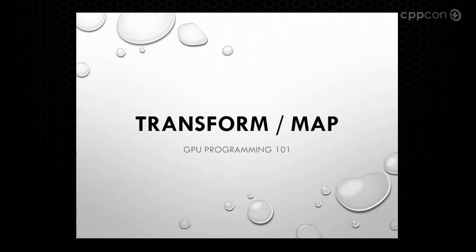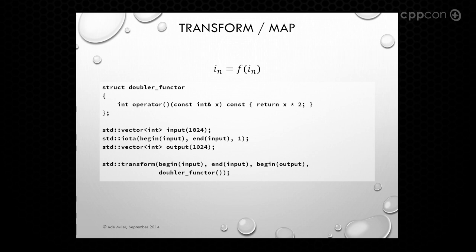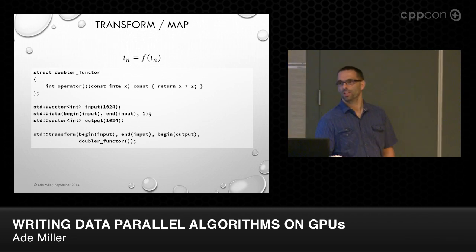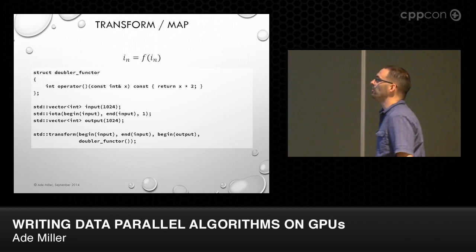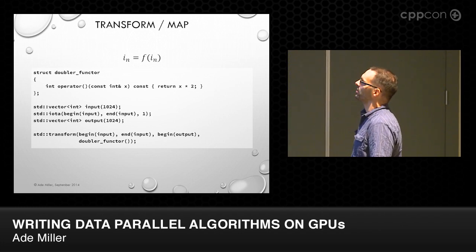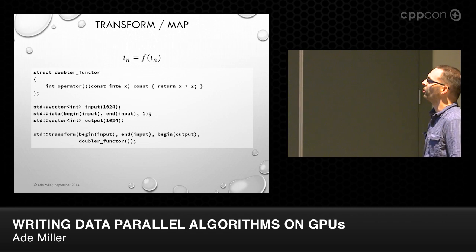So if you were in Mark's talk yesterday, we kind of saw a little bit of what you can do with a transform or a map. Really, all you're doing here is applying some function to every element in a vector. You can do this really simply in the standard library using transform. You can see in the example code here, I've created this functor called doubler.